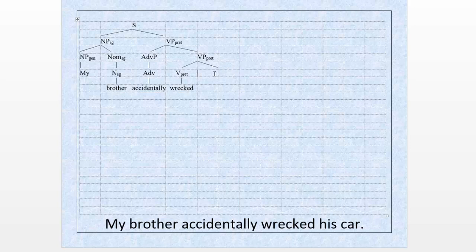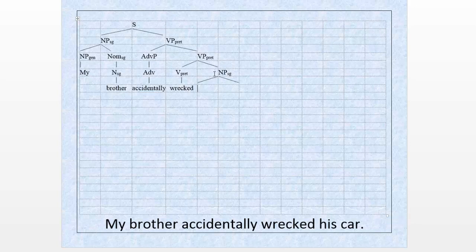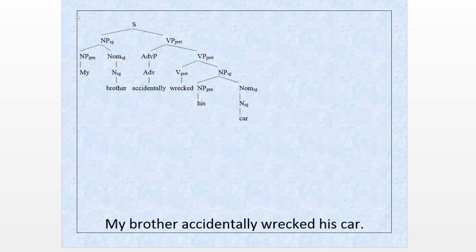Wrecked, and what did he wreck? He wrecked his car. Again, his car, instead of having a determinative function as the determiner, has the NP gen, his, and that goes with the singular count noun, one car, two cars, car. That gives us the structure for my brother accidentally wrecked his car.